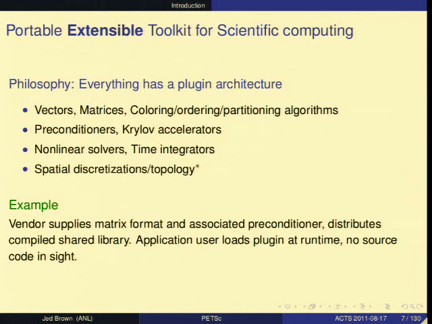As an example, a vendor can supply a matrix format and an associated preconditioner. They can compile that, not distribute the source. Someone else with PETSc code, who doesn't even have the source available, can then load that module as first class. And that's the case with all the components, not just preconditioners, but coloring algorithms and time integrators, adaptivity, and such things.